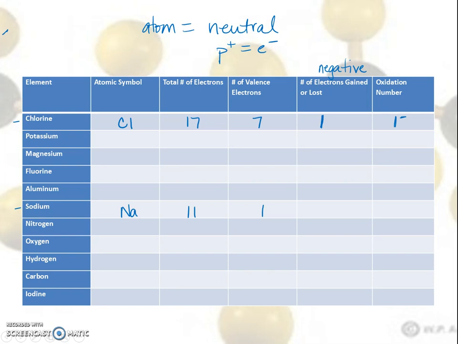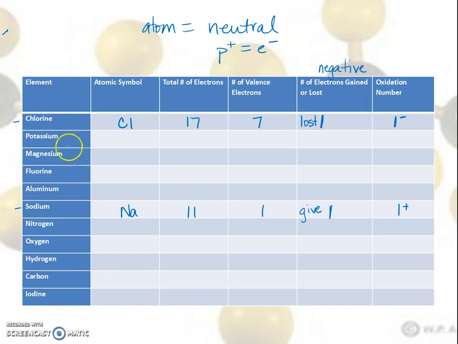Well, I think it would be easier to find somebody to dump an electron on than it would be to go and find 7. So it's going to give away 1 electron, and if it gives away 1 electron, it's going to have a positive 1 charge. Why? Because it has 1 more proton than it does electron. Okay. Are we okay with that?